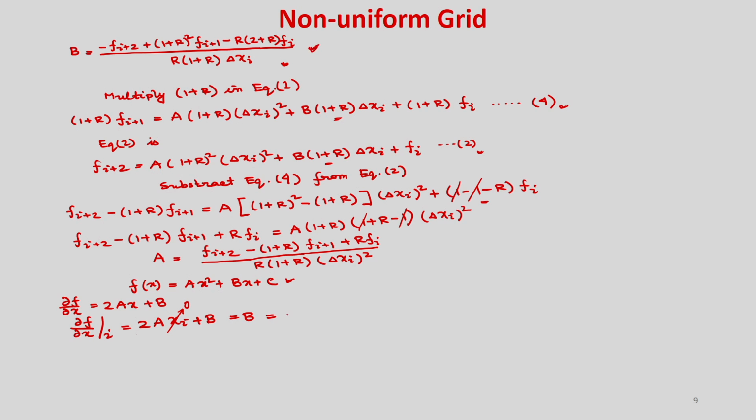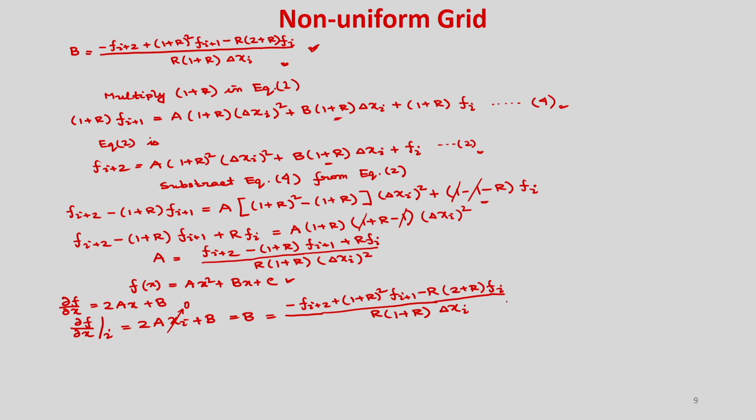Okay. So, that you put, so it will be minus f(i+2) plus (1 plus r) square f(i+1) minus r into (2 plus r) into fi divided by r into (1 plus r) into delta xi.